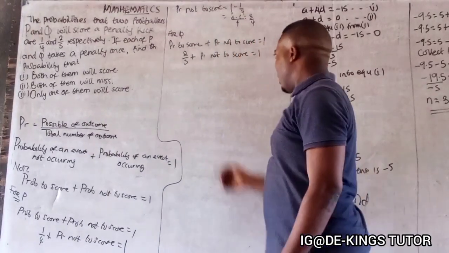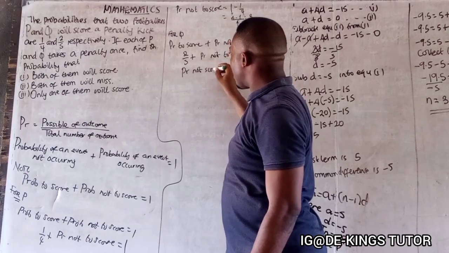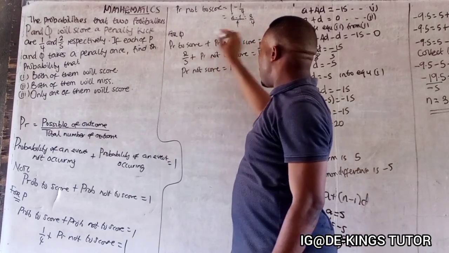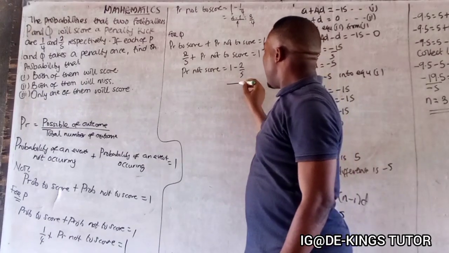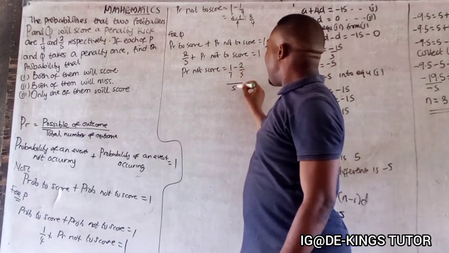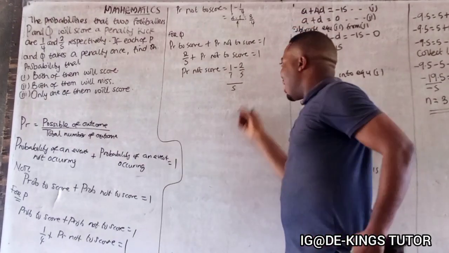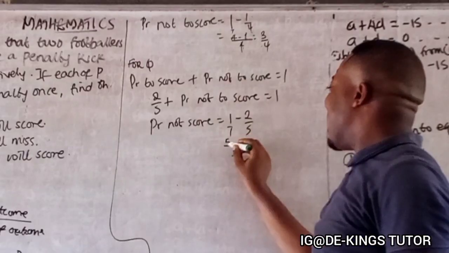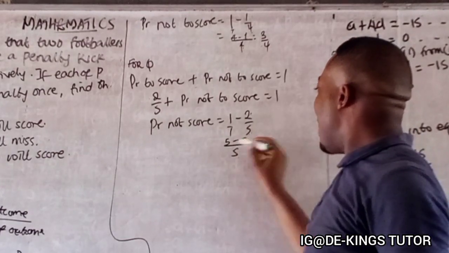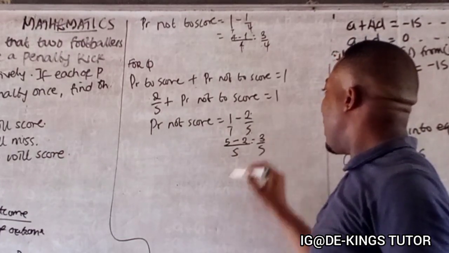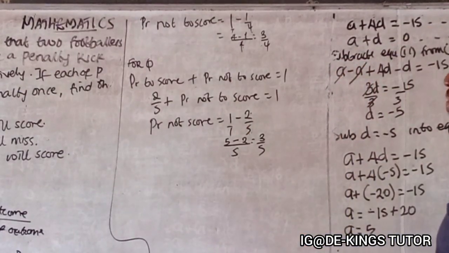We want to get probability not to score, which equals 1 minus 2 over 5. If we take the LCM, that's 5 over 5 minus 2 over 5. So we have 5 minus 2, which is 3 over 5. So the probability of Q not to score is 3 over 5.